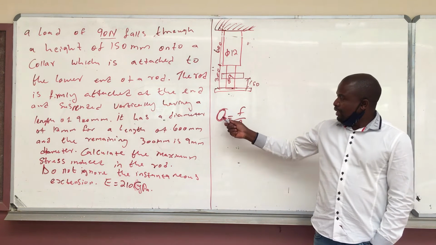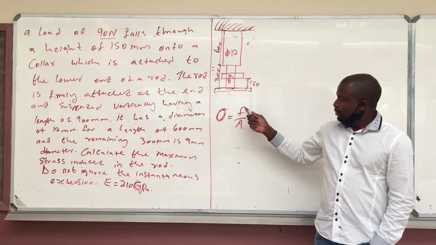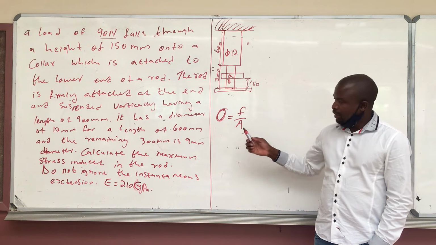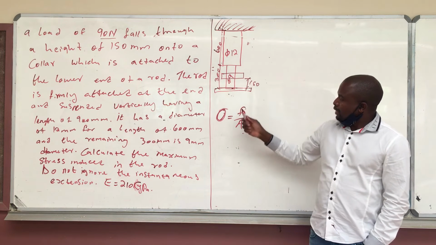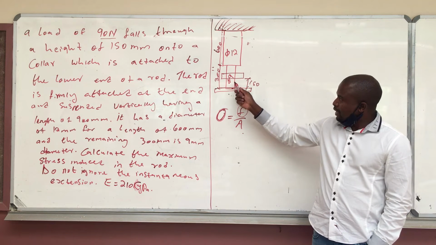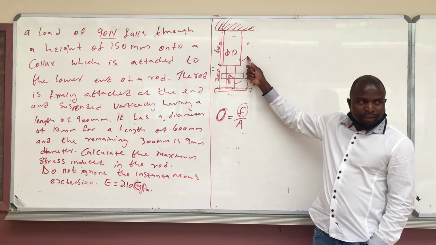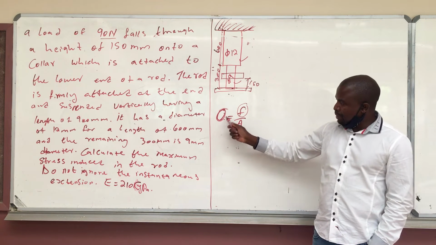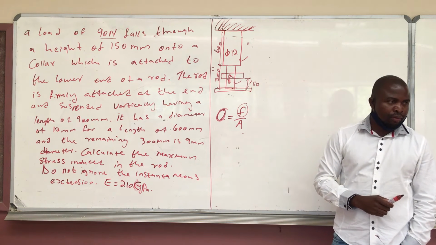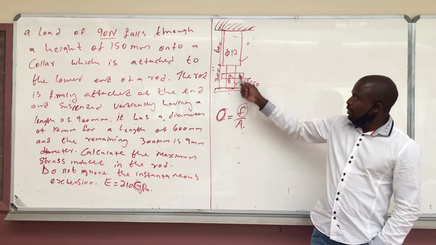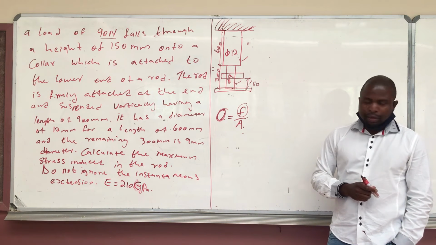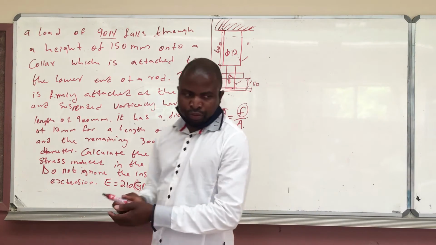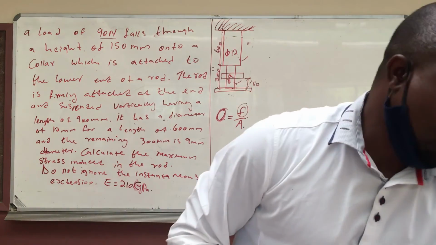So we have this one. Stress equals force over area. So you will use the force and the area to find the maximum one they are looking for. We can calculate the area, we can also calculate the force. So how do we calculate the force? Shock load.